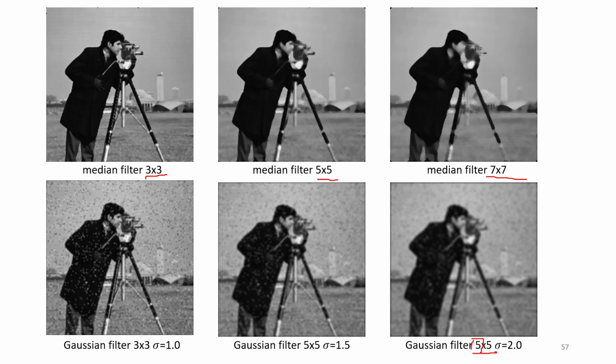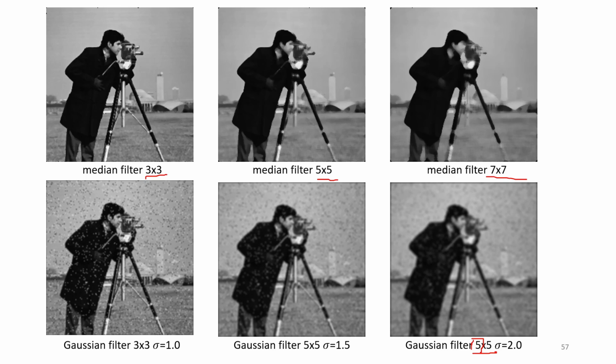If I use a larger sigma, then the noise will be blurred with its surrounding pixels. So it's less significant here, but you still see the noise slightly. So that's the difference between the two filters. Which one is better? It depends on your application.